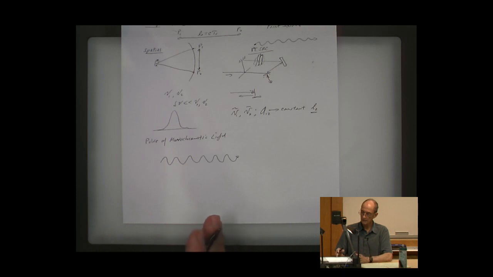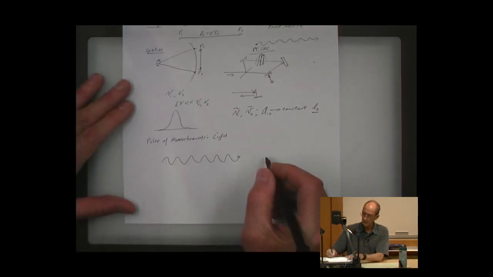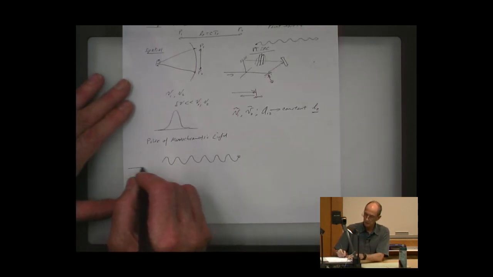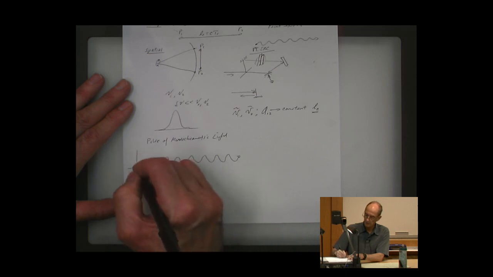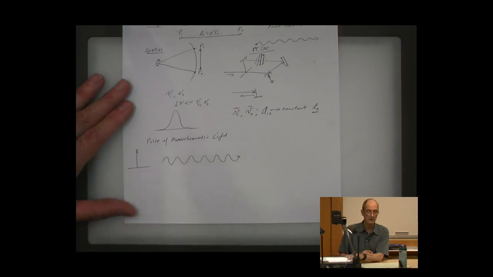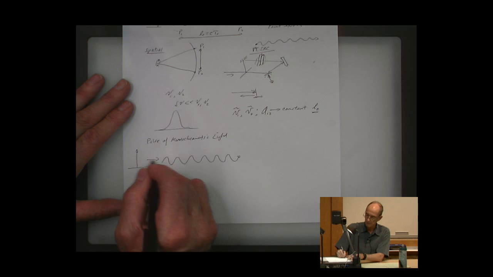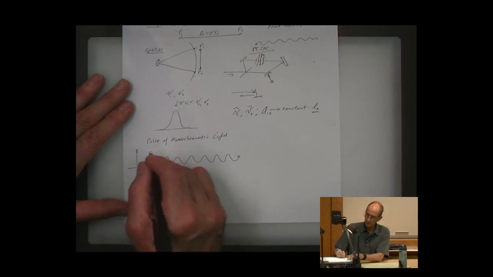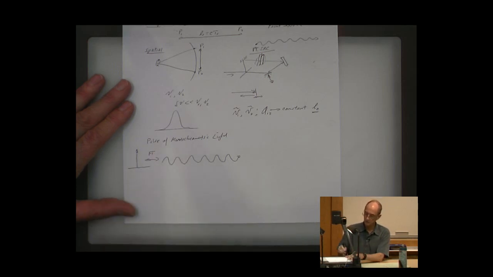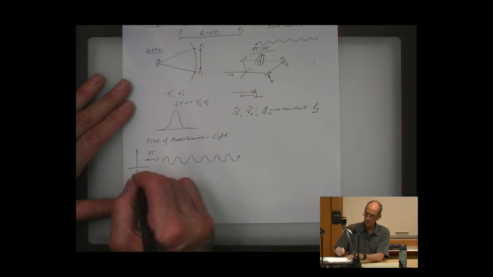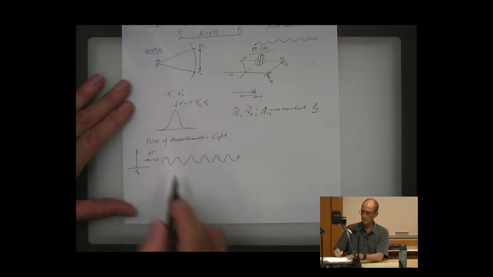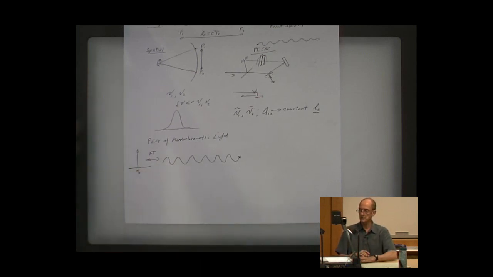If this were a truly monochromatic field, then the spectrum would simply be a delta function. That is the Fourier transform relationship between this time-varying monochromatic field and its frequency spectrum.